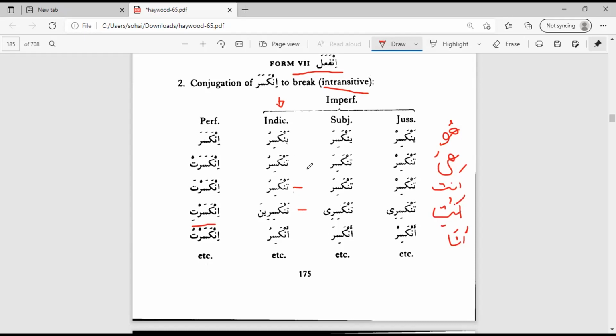So here, obviously, when you add the alamat al-mudare, the sign of mudare, which is ta, ya, alif, noon, and so forth, you're still going to add noon to it. It's going to become ana ankasiru, nahnu nankasiru.